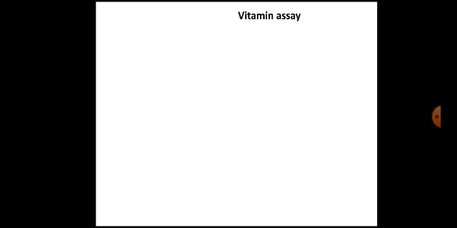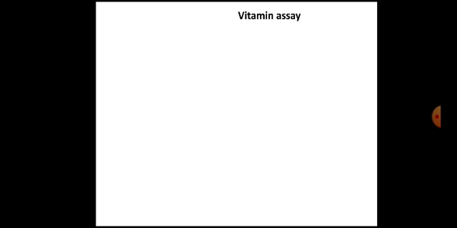The only difference is that antibiotics are growth inhibitory substances, which are likely to generate inhibition zones against the indicator organism. Whereas in the vitamin assay, the indicator organism is chosen such that it requires that particular vitamin, and accordingly it will exhibit a zone of exhibition.